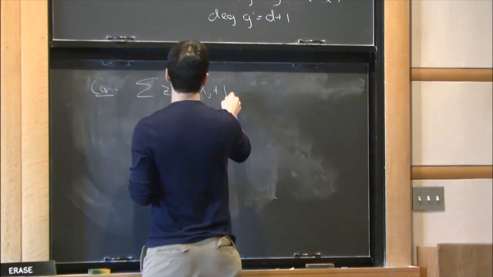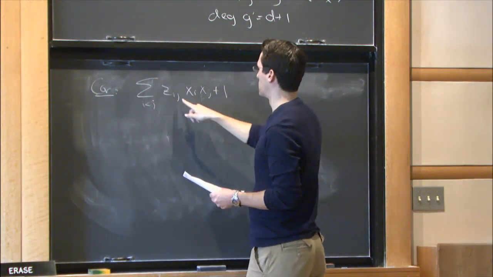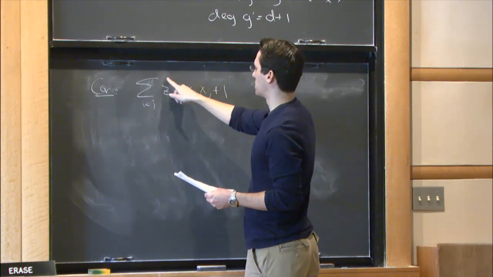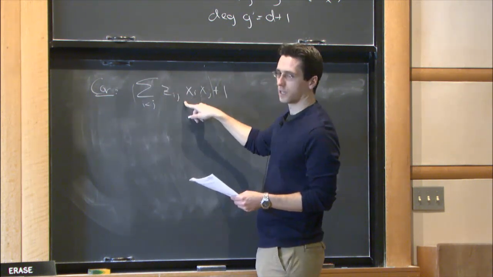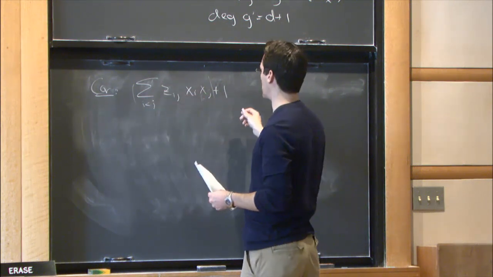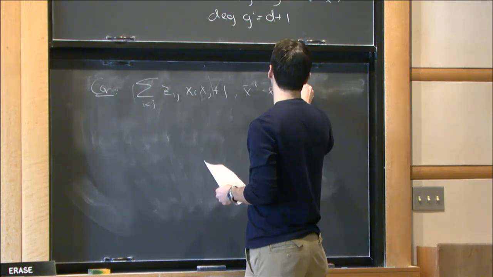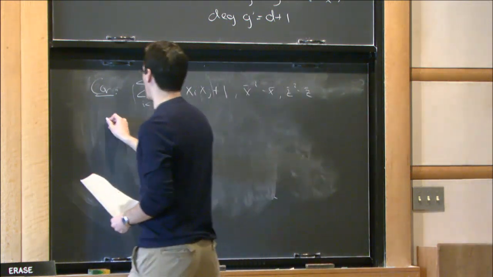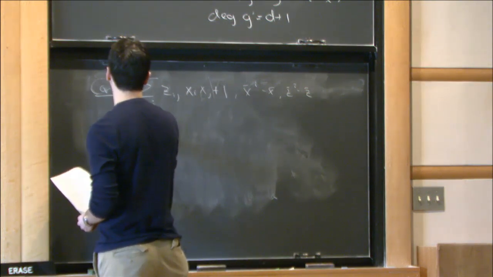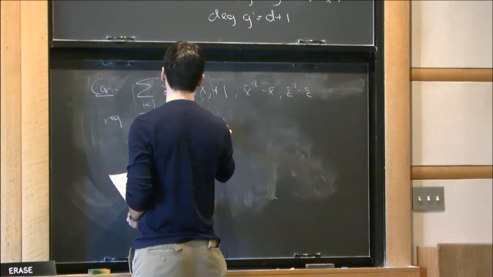So you consider this axiom. You have xi and xj. This plus 1 is on the outside. You weight it with zij, and you sum over all i less than j, and you throw in the Boolean axioms. And then you say that it's a false statement.